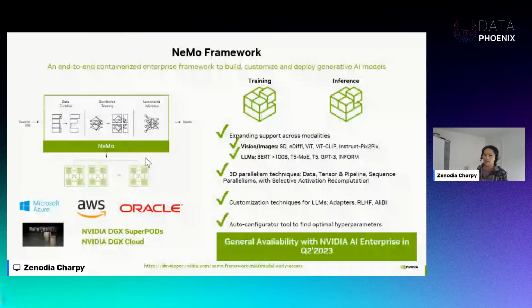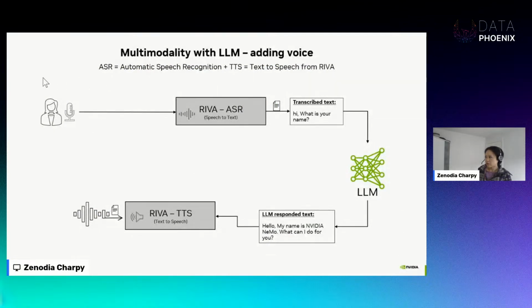Okay, now let's say you have a foundation model that you are happy with, trained on natural language. How about if you consider the language model as a brain? Instead of interacting with it by typing, how about we add a voice to it? Imagine a person is speaking.